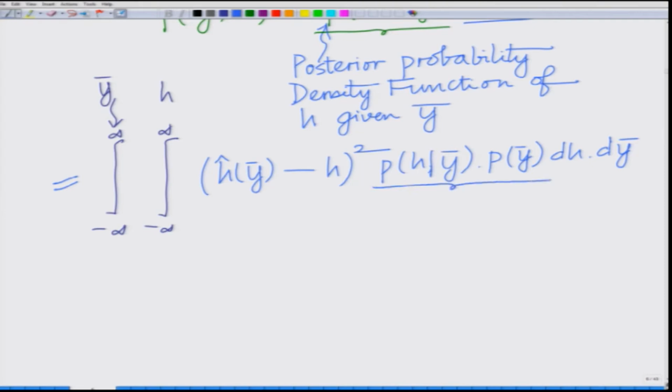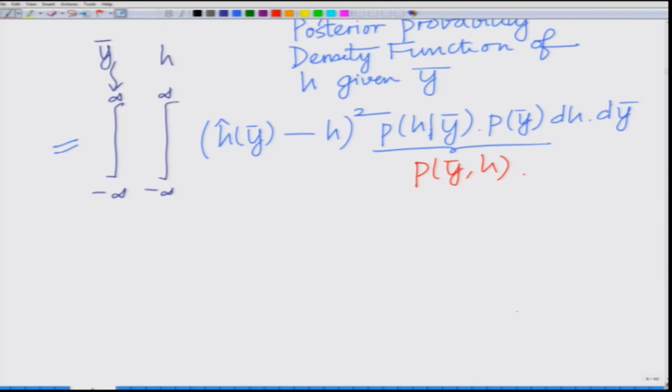Okay. And what is this? This is basically where we had your joint probability density function P of y bar comma h earlier. I am substituting for P of y bar comma h as P of h given y bar times P of y bar. And now I am going to simplify this by first writing the outer integral with respect to y bar, and then the inner integral with respect to h.